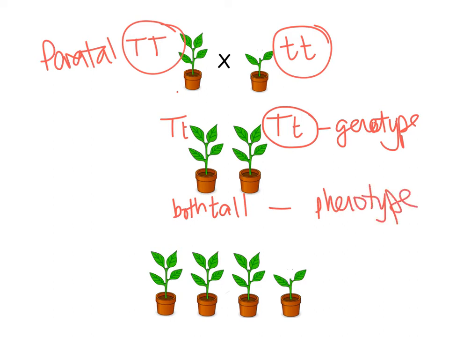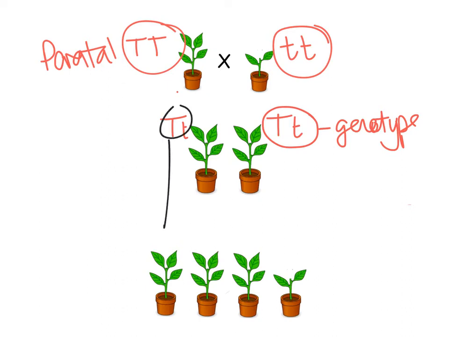Now, I'm just going to rub out that little bottom bit because we want to do a little bit of writing down here. Whenever these two were crossed, the big T goes to half of them. Well, we work out really the possibilities. That big T and that big T gives us that.